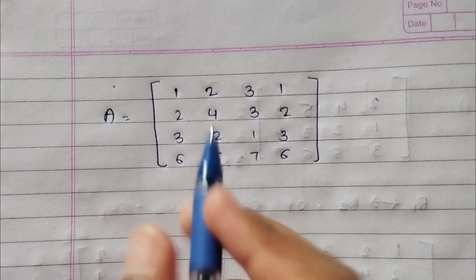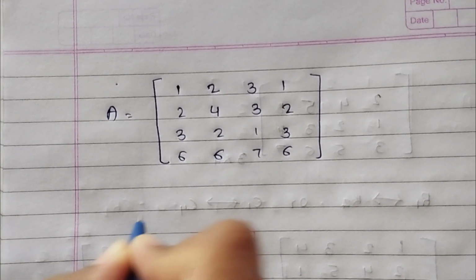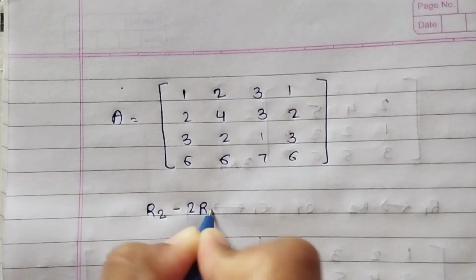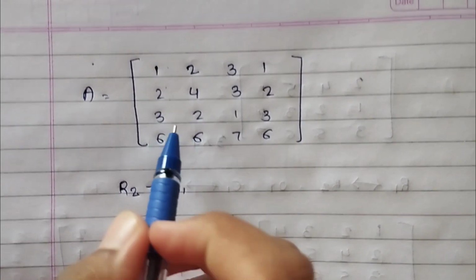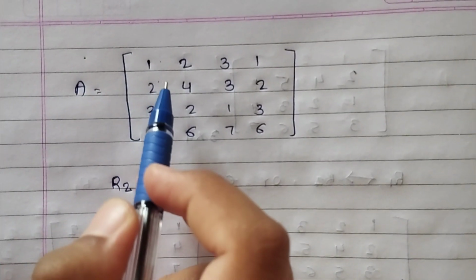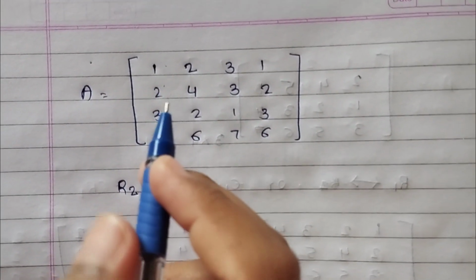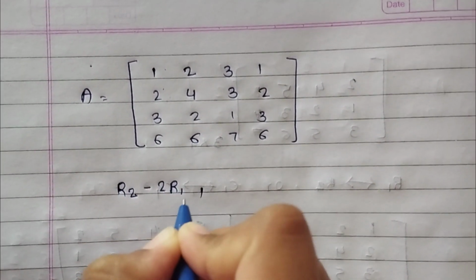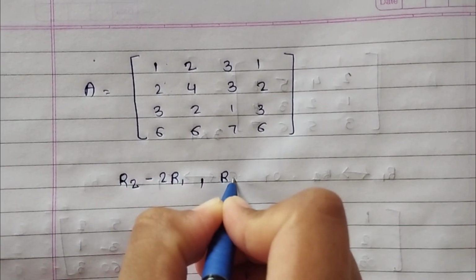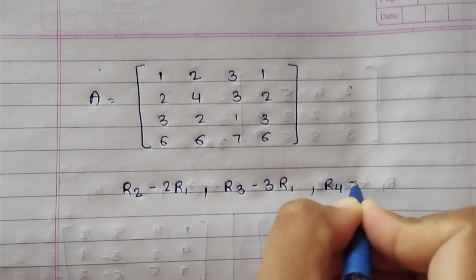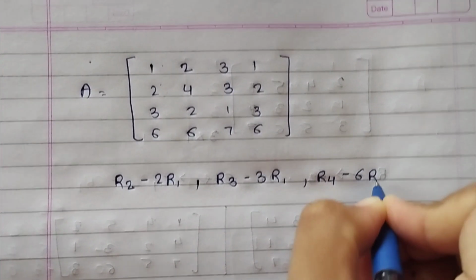For that we perform the operation R2 minus 2R1. When we perform this operation, 2 minus 2 into 1 is 2 minus 2, we get 0, which is our requirement. So one operation we perform this. Second operation is R3 minus 3R1 and R4 minus 6R1.